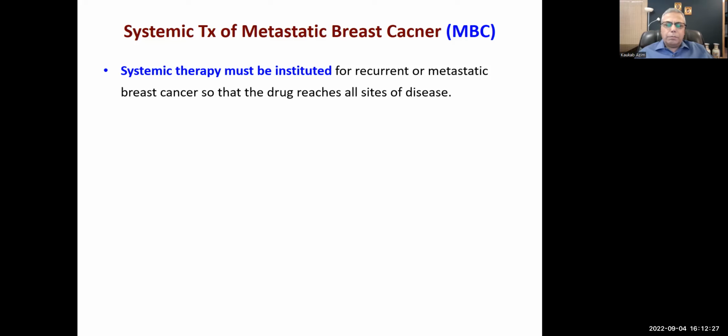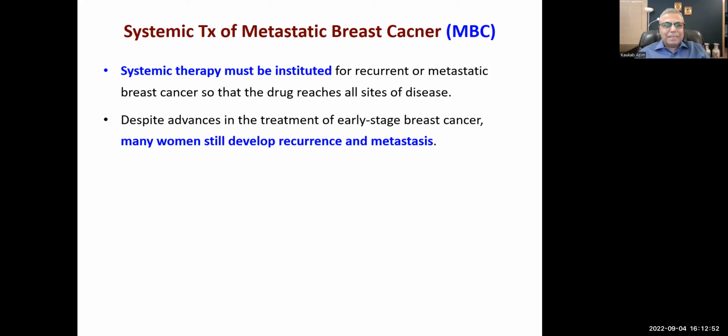So we have to give a type of treatment that must reach every tissue in the body, and the only possible way to do that is to give it into the bloodstream. Okay, because the blood goes everywhere. So we give systemic therapy. Systemic therapy means giving therapy in the bloodstream.